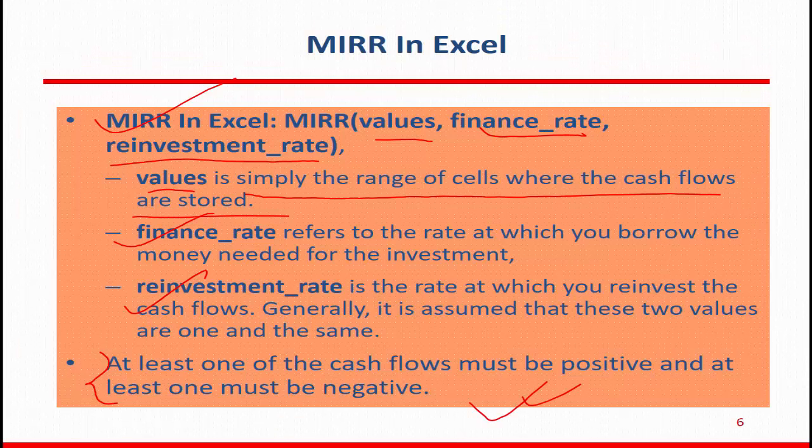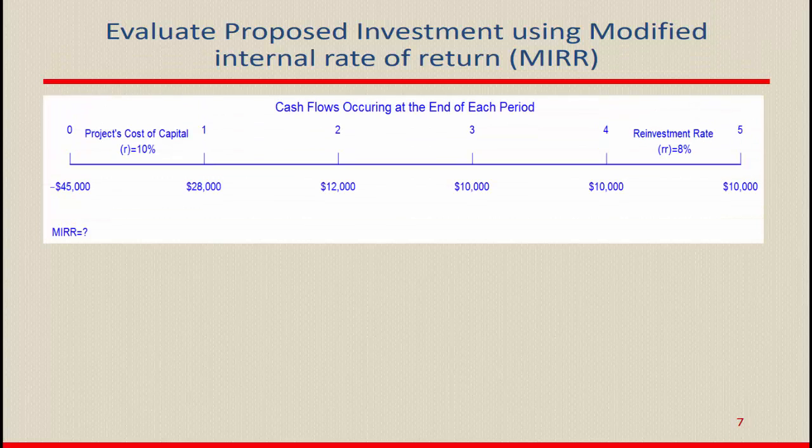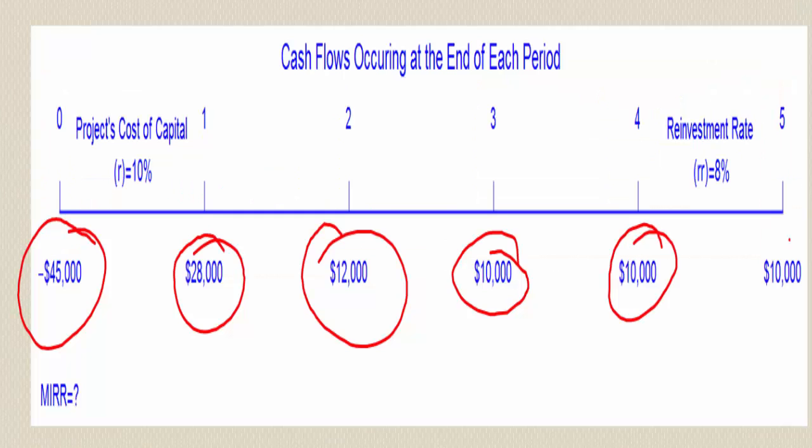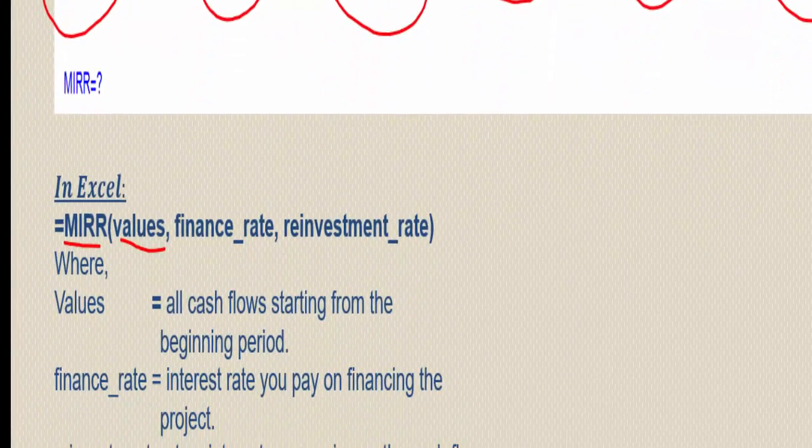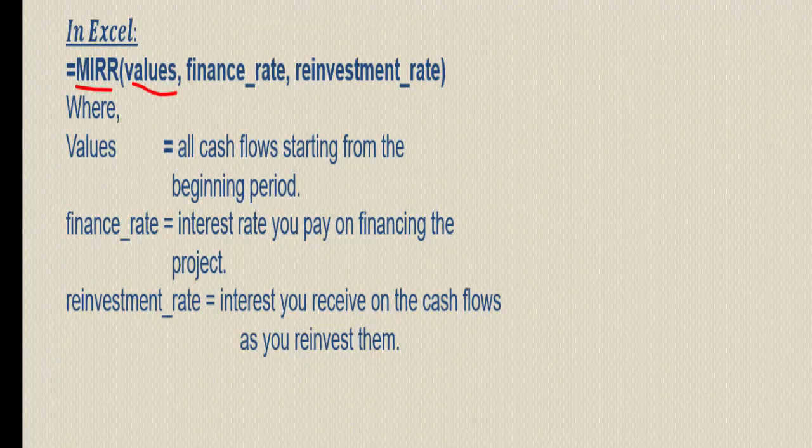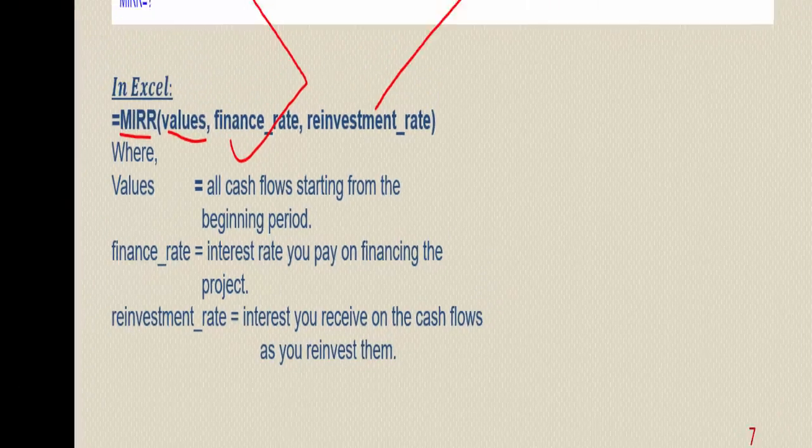So let's see how we do this in Excel. Same example here. I have 45,000 of investment at the beginning and future cash flows, as we explained earlier. In Excel, remember, MIRR values basically means all of these values, the finance rate is our cost of capital, and the reinvestment rate is this guy, which we have assumed 8%.